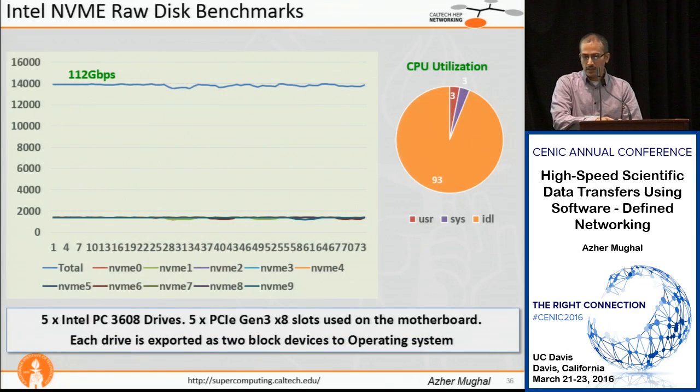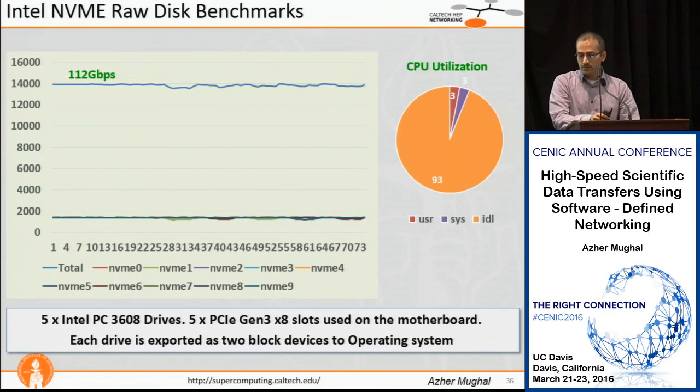This is a benchmark using the Intel NVMe drives. This is a benchmark on the raw drives. There are 5 drives in the system, but each drive is exporting itself as 2 block devices. So there are 10 block devices available to the OS.